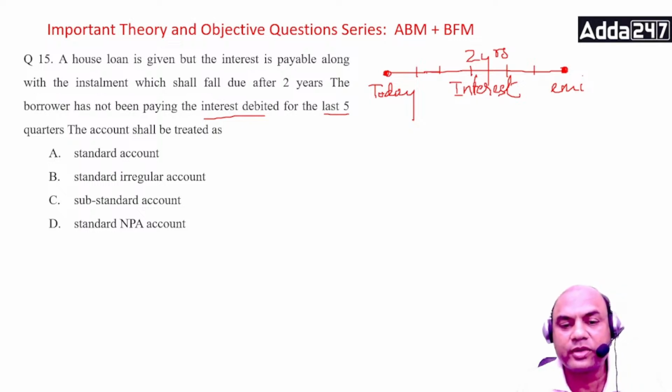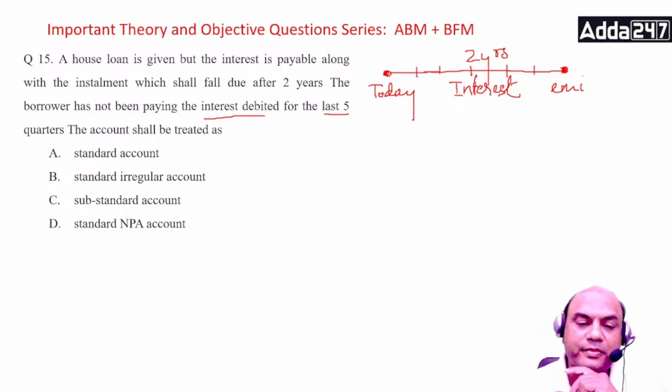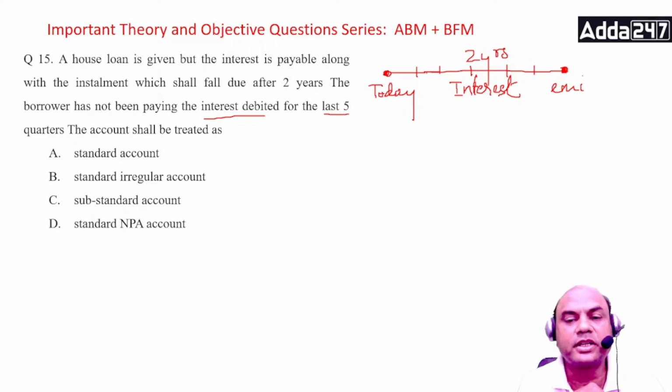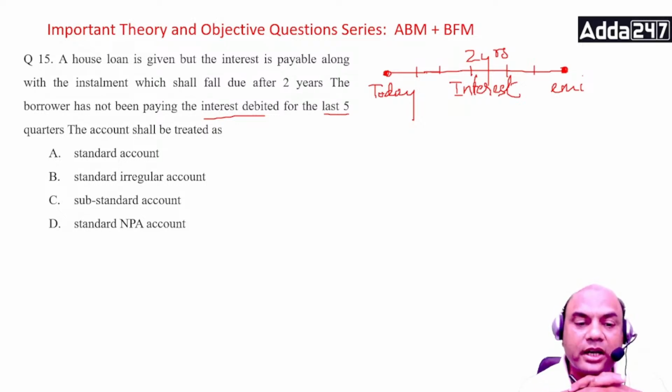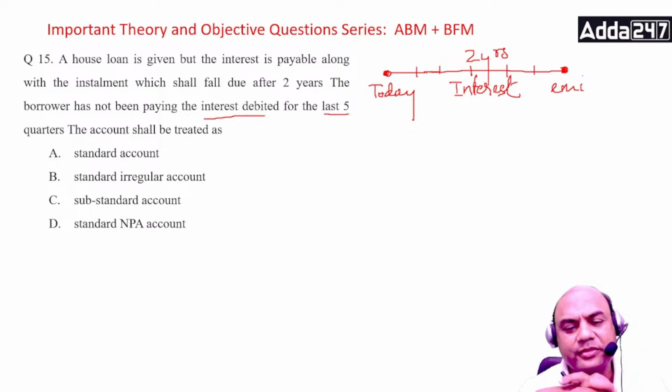Think over it, everyone. What shall be the answer over here? Standard, standard irregular, substandard, and standard NPA.